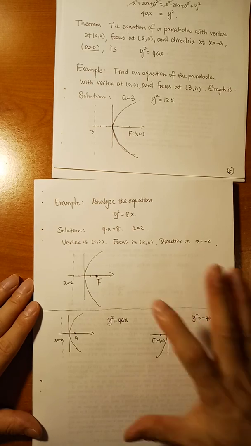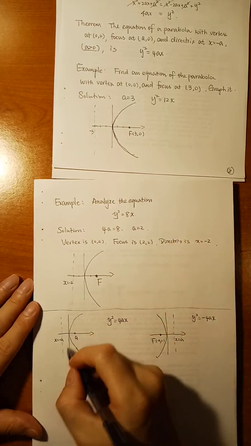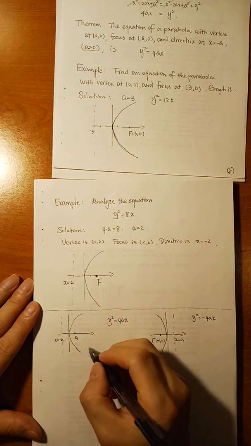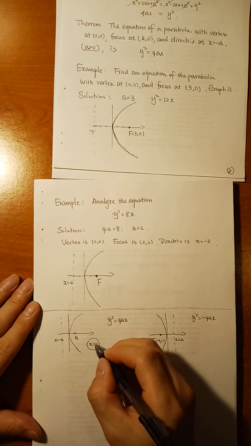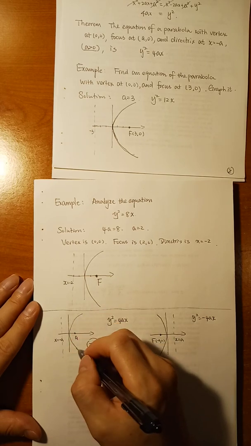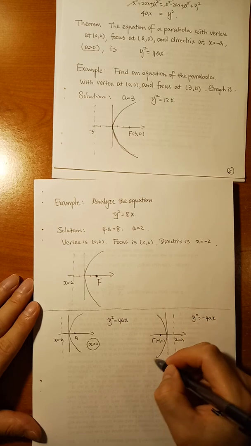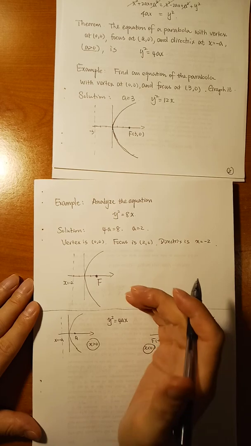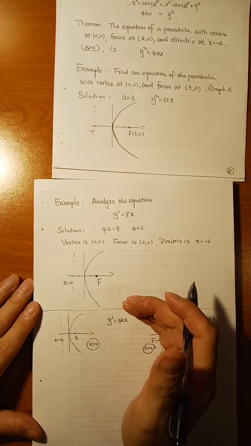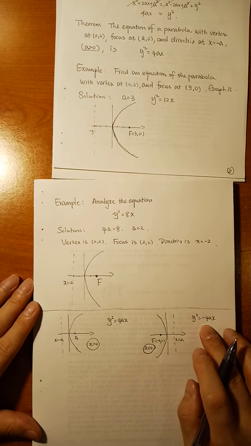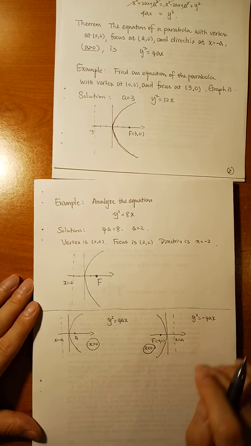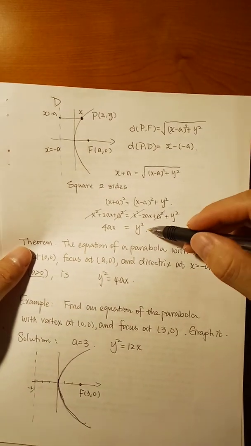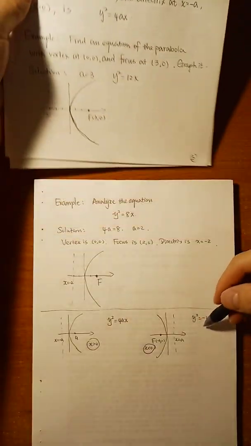Why negative? In the first case, the graph is always on the right hand side, so x is always positive. In this case, the x-coordinates of the points on the graph are always negative, so you need a negative sign. If you don't believe me, you can start from the definition and do the simplification. You will have exactly the same solution.